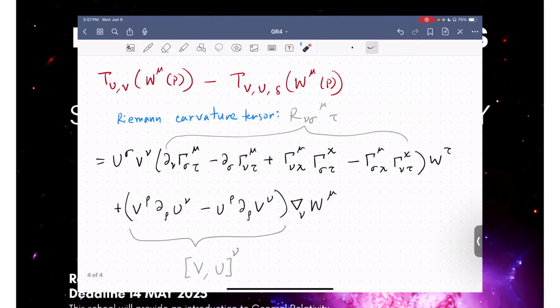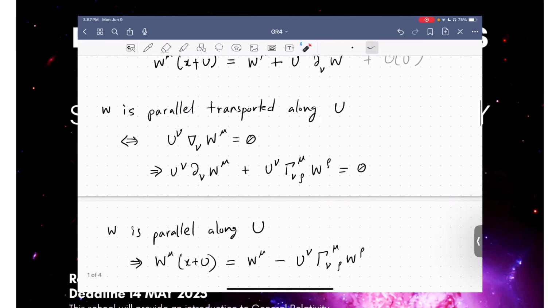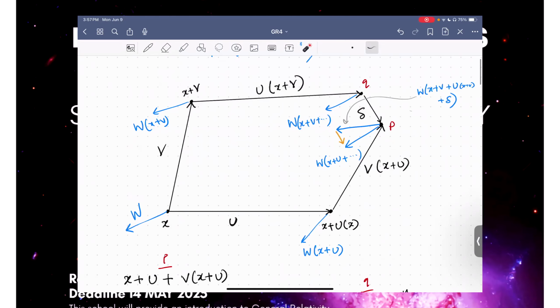Why? Well, it's because we really want to know the local geometry around this point X, which is why we are expressing all of the vectors that we have at different points in terms of their values and derivatives evaluated at X. That's what Taylor expansion allows you to do. It allows you to write the value of a function or a tensor at some point in terms of the value of that function and its derivatives at a different point.